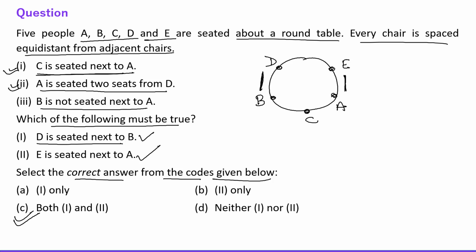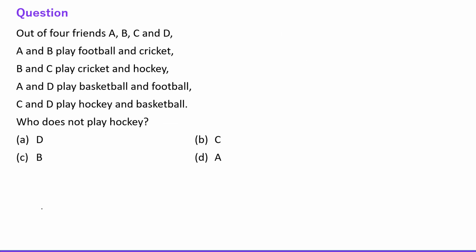Okay, fine. Now let's move to another question. The question says, out of 4 friends A, B, C, D, A and B play football and cricket. There are 4 friends A, B, C, D. A and B play football and cricket.